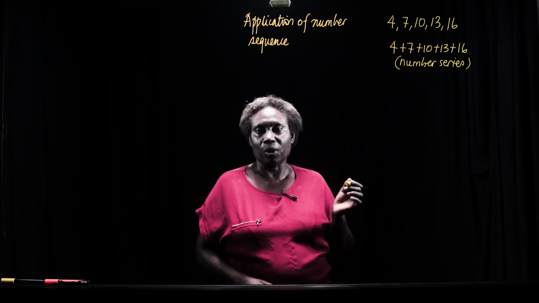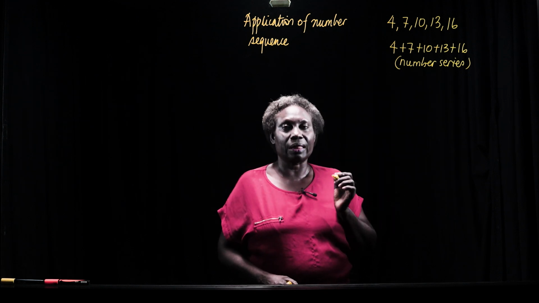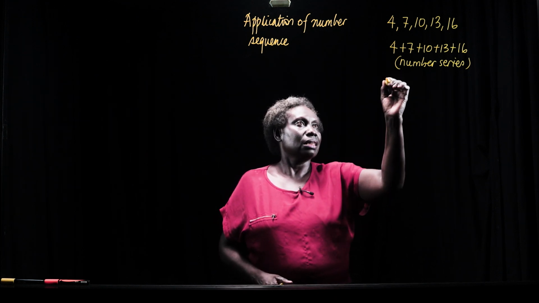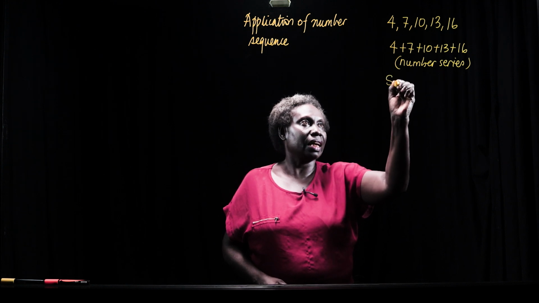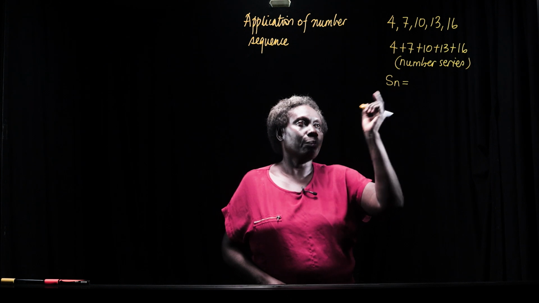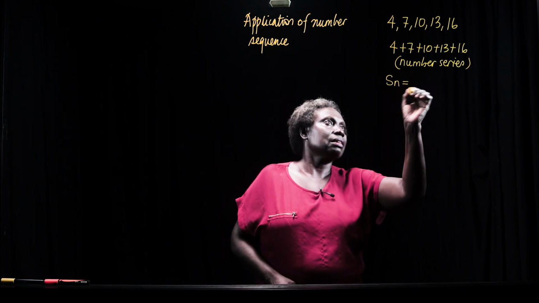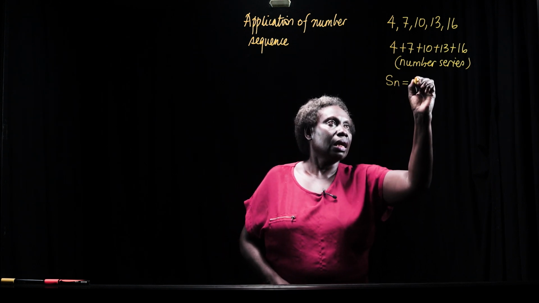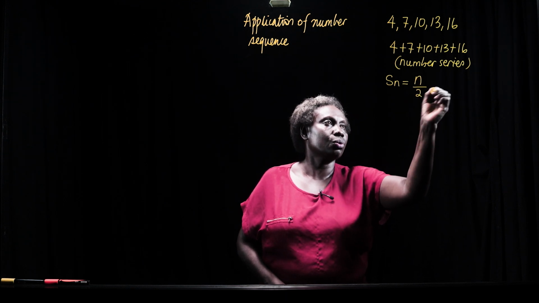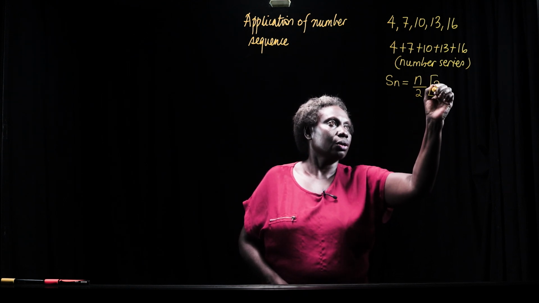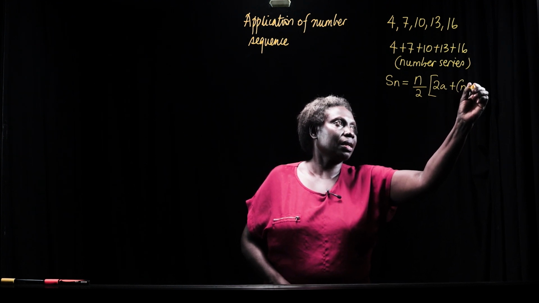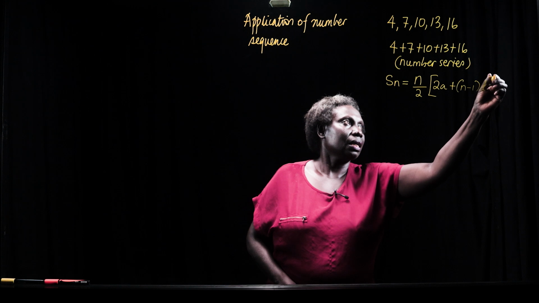The sum of the terms in a number sequence. Now, there is a formula that we use to calculate the sum of the terms in a number sequence. So, we have Sn, which is the sum of the terms in a sequence, and that is equal to n over 2 times 2a plus n minus 1 times d.